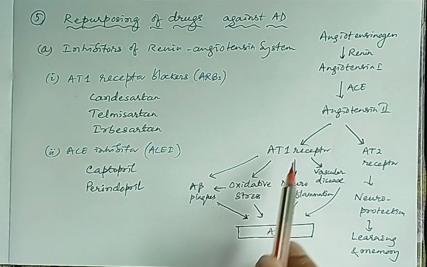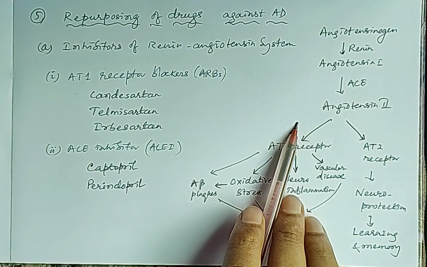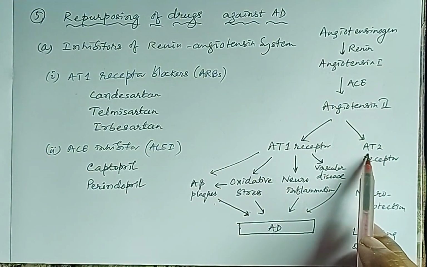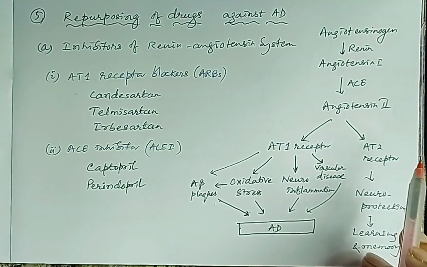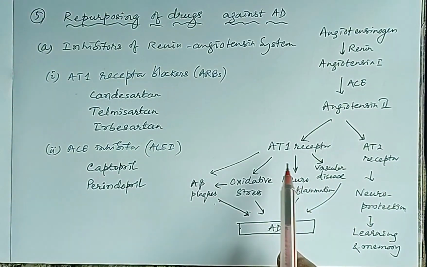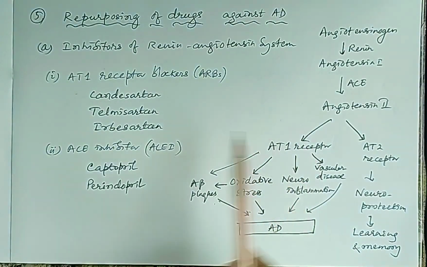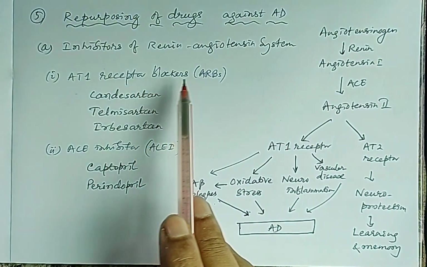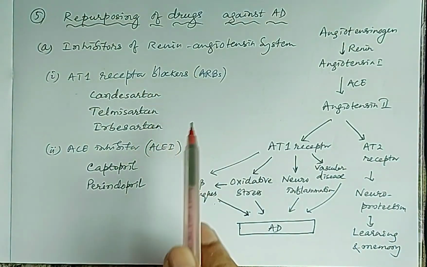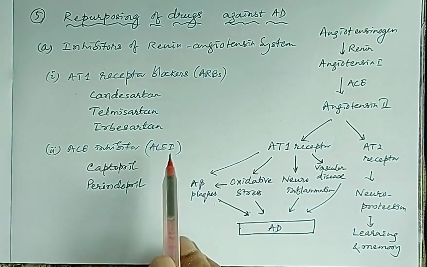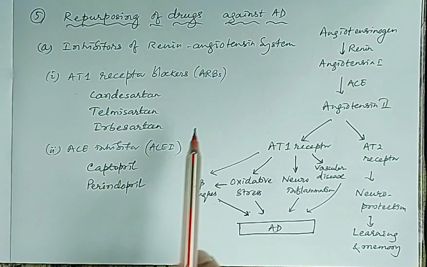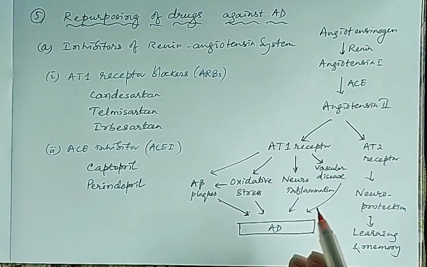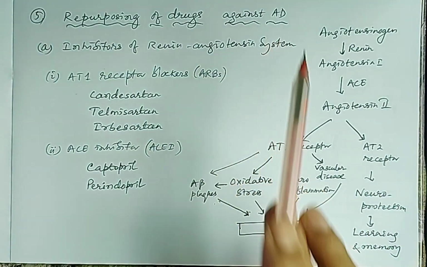So either we can block this pathway, or we can stimulate the other one. AT2 receptor agonists, which are under development, can be used, and AT1 receptor blockers or ACE inhibitors can be used. AT1 receptor blockers like candesartan, telmisartan, irbesartan, and ACE inhibitors like captopril, perindopril are under development for use against AD.